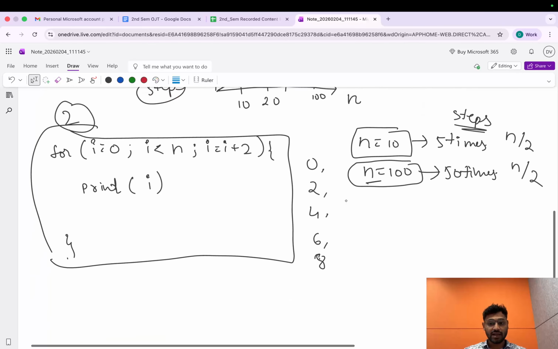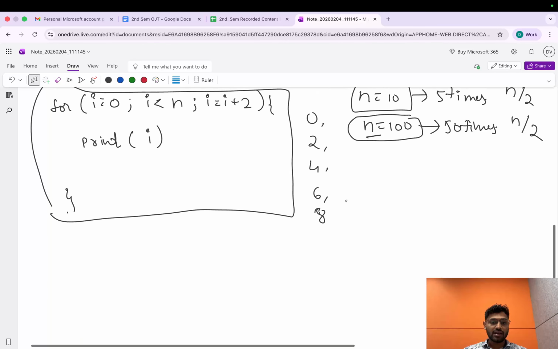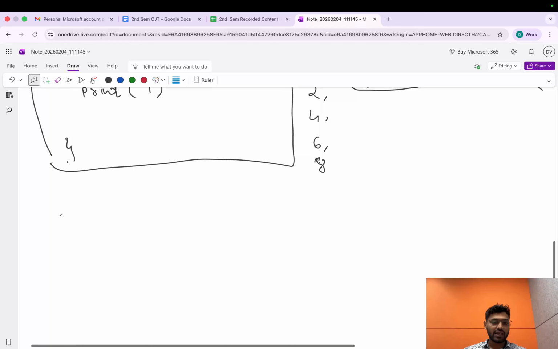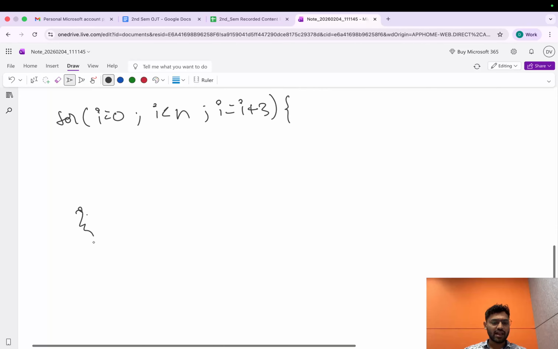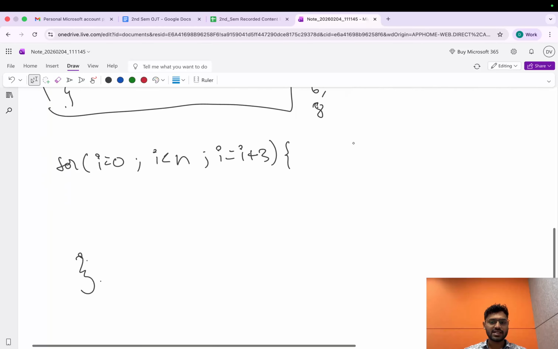I'll give you one more example. Let's say for i in range, i equals 0, i less than n, and i equals i plus 3. How many times are we running? Let's say the input size is n. We're going to run n by 3 times. How exactly? Let's say n equals 10.